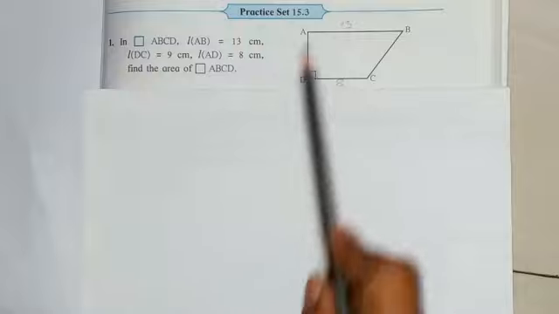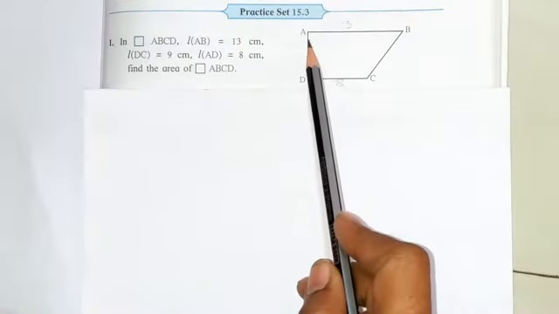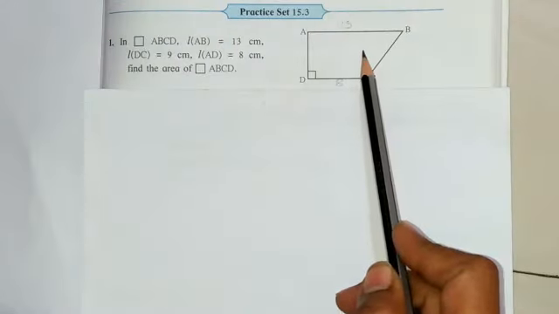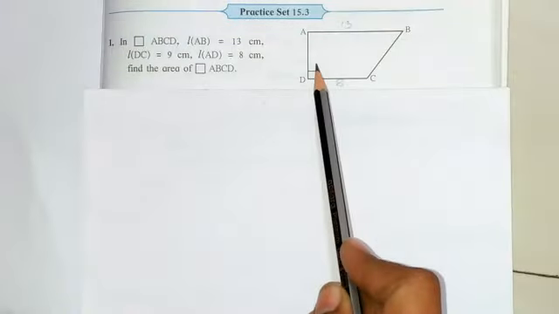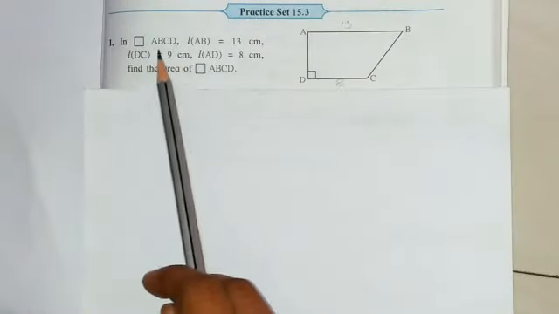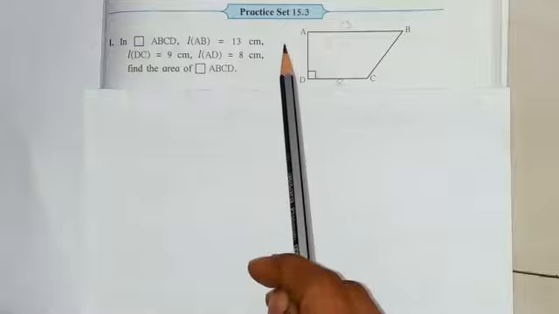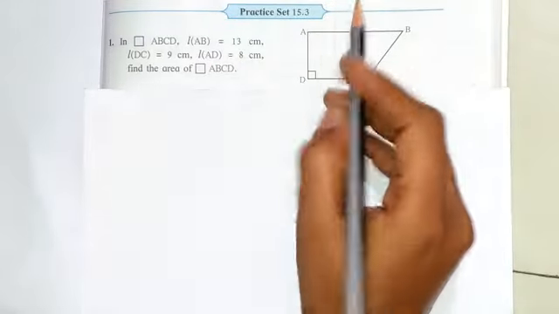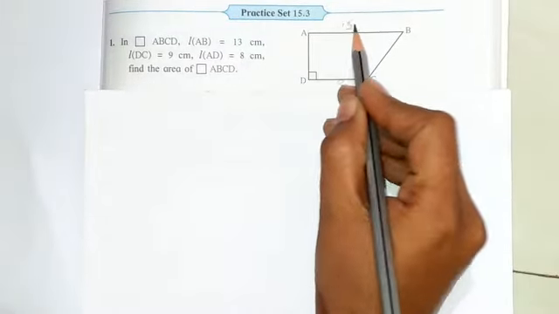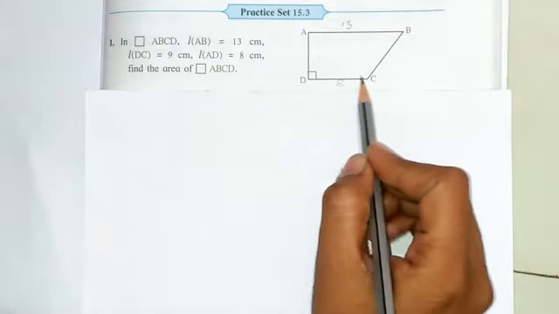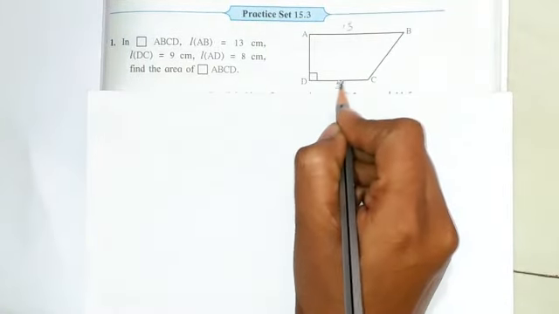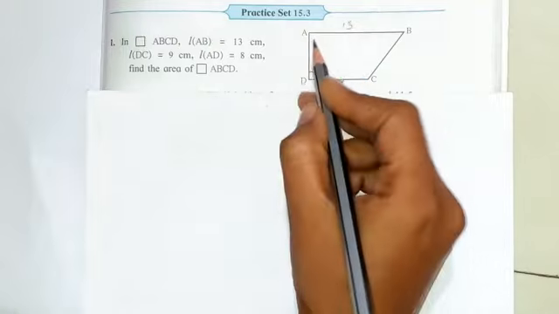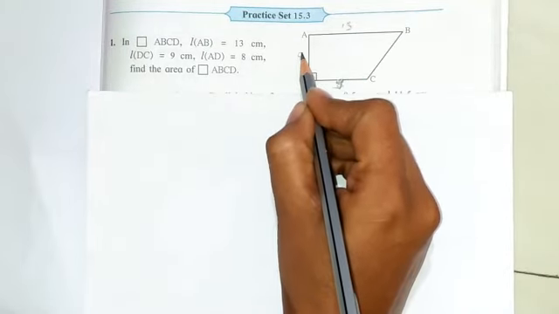Here in this question, the figure is given as a trapezium. It does not look like an exact trapezium, but it is a trapezium. Let's read the question. In a trapezium ABCD, the length of AB is 13 centimeter, length of DC is 9 centimeter, and AD is 8 centimeter.